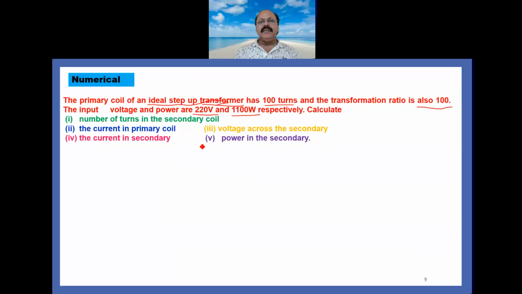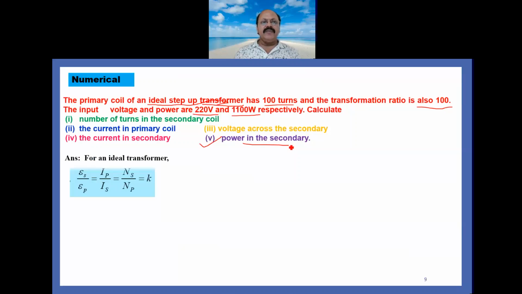So the fifth part answer you can directly write from the question itself. Because it is an ideal transformer, input power must be equal to the output power. So the power across the secondary coil is output power. So one by one we solve the parts, you know.